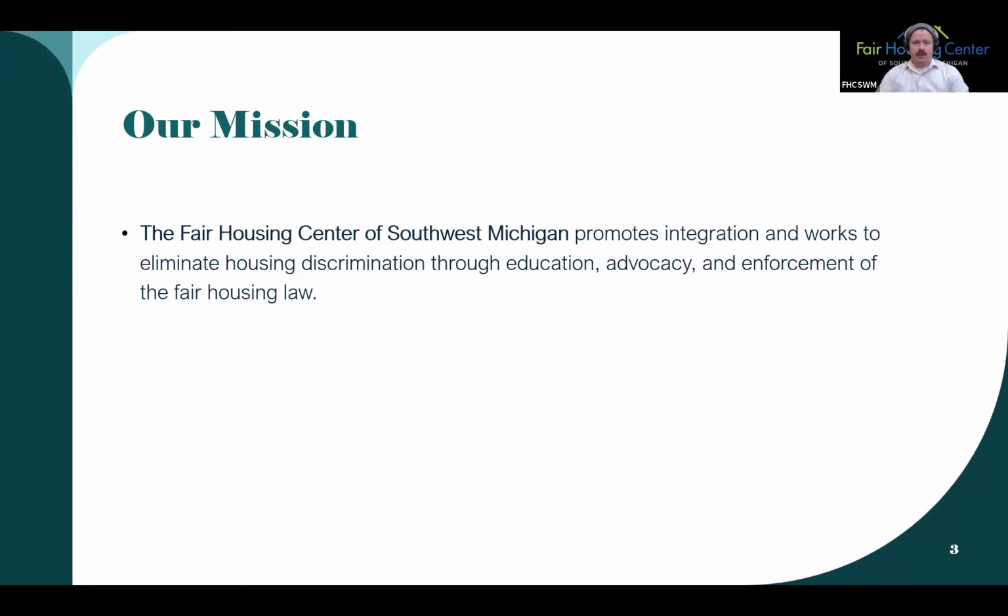So we figure if we educate well enough, we can ideally eliminate housing discrimination before it begins. Education can also encourage people to recognize and report housing discrimination. And after that report, we can advocate on their behalf and work to secure justice through enforcement of the fair housing law. So, what is fair housing?